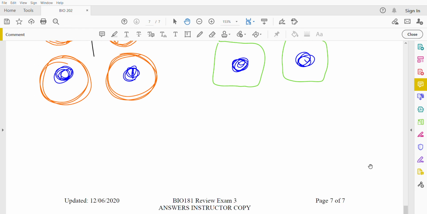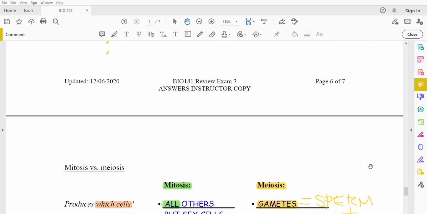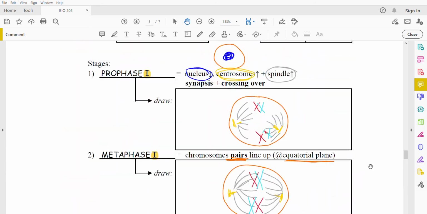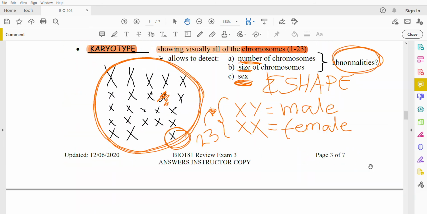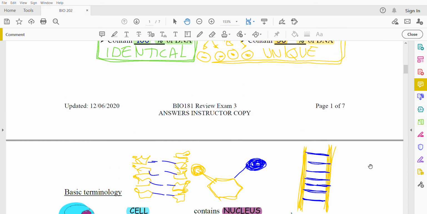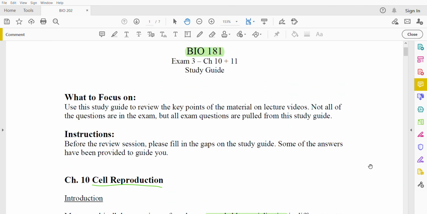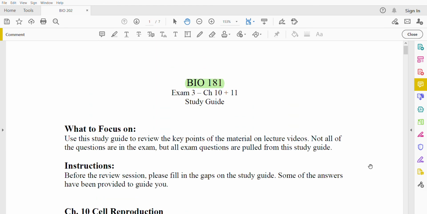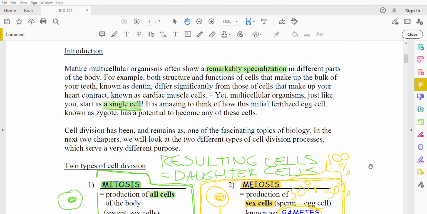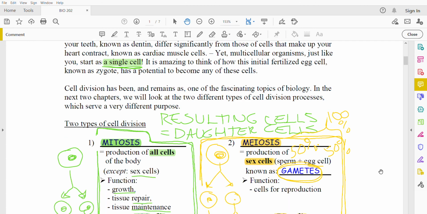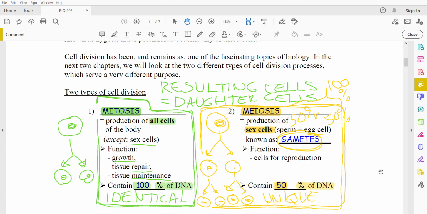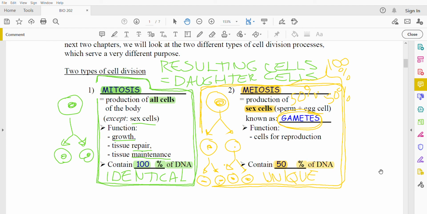But I think that at large finishes off the revision of the lecture material that we had on chapters 10 and 11 in preparation for exam 3. That's the study guide and review of the study guide. I think really the big key points here are the processes of mitosis and meiosis.